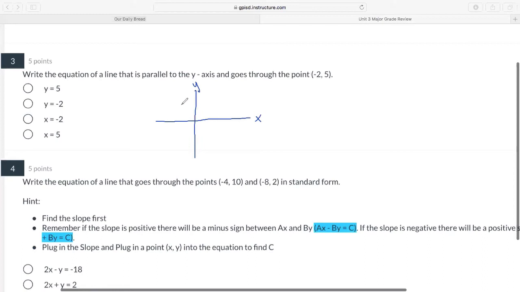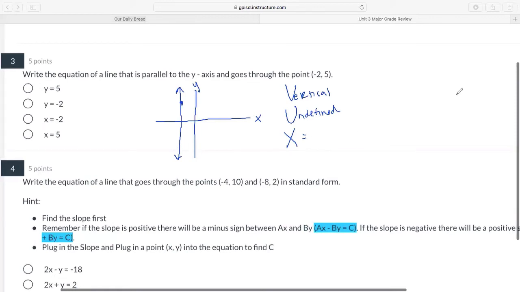So negative 2, 5 would be somewhere over here. So my line would look like this. So if it's vertical, I'm writing x. That would mean a vertical line is undefined, and it's an x equals equation.